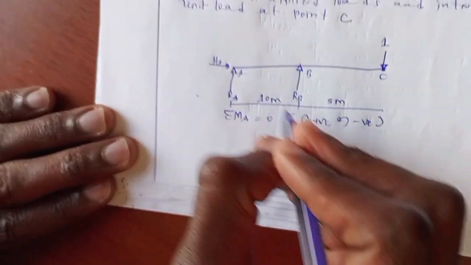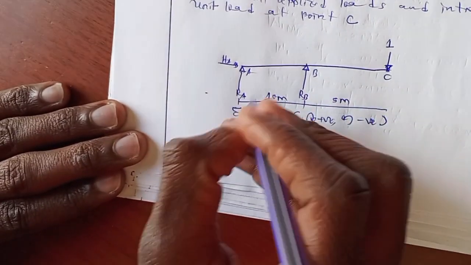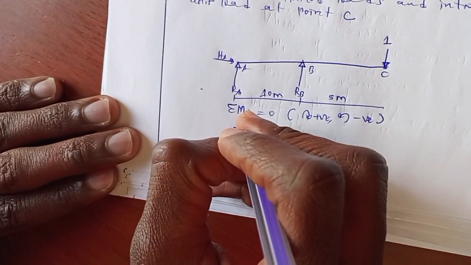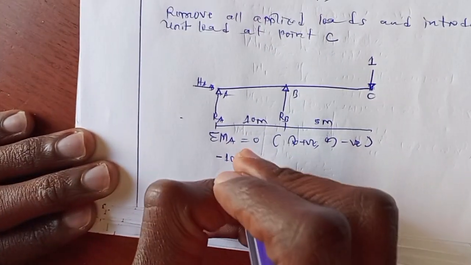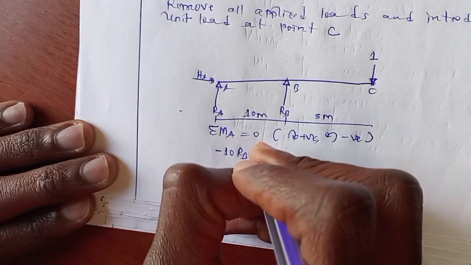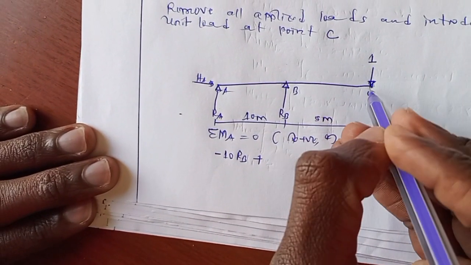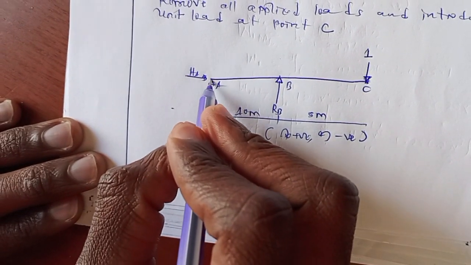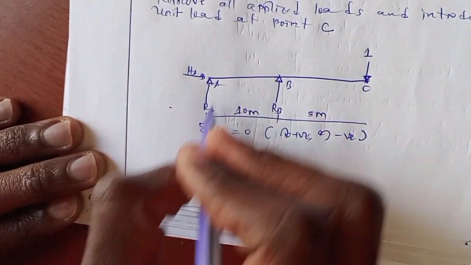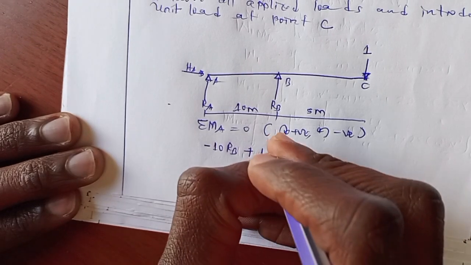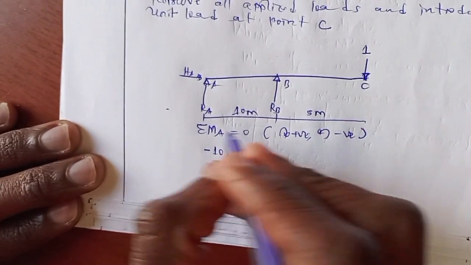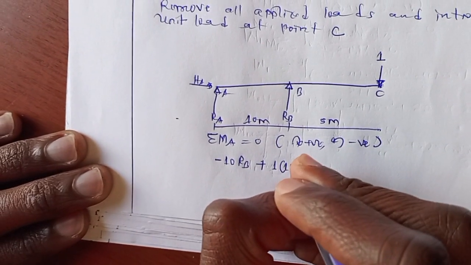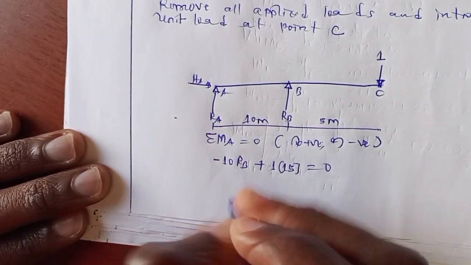Moment at this point is 0. So in order to obtain moment at this point, this moves in anti-clockwise direction, so it will be negative 10 RB, plus this load moves in clockwise direction towards point A, so it will be 1 times the perpendicular distance from this point to this point, which is 15, is equal to 0.